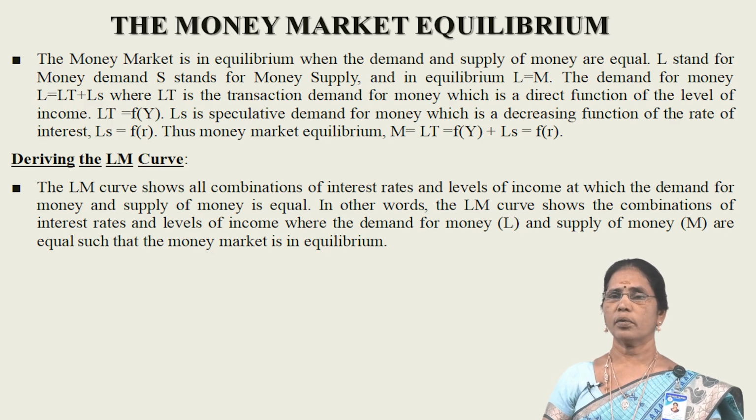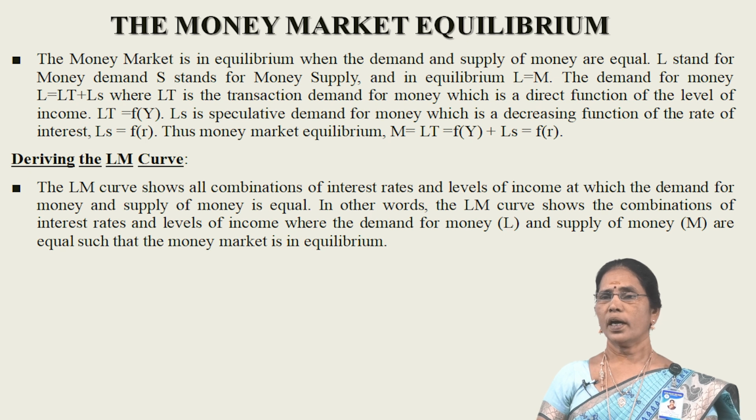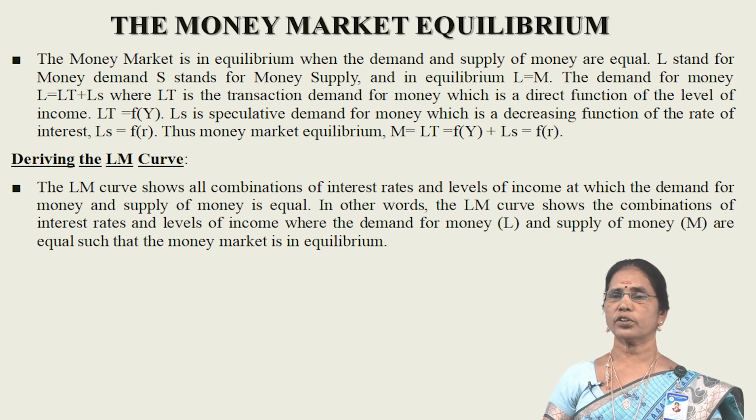L stands for money demand, M stands for money supply, and in equilibrium L is equal to M. The demand for money L is equal to LT plus LS, where LT is the transaction demand for money, which is the direct function of the level of income. LT is equal to a function of income.